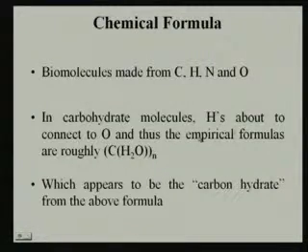If we see the empirical formula of any carbohydrate, then we can find that it is roughly (CH2O)n, where n is the number of carbon atoms present in the carbohydrate molecule. That means if we see this formula, it appears that it is a carbon hydrated form.